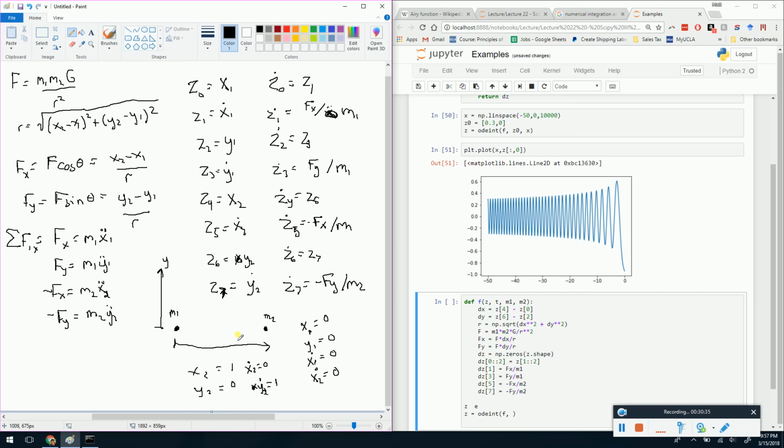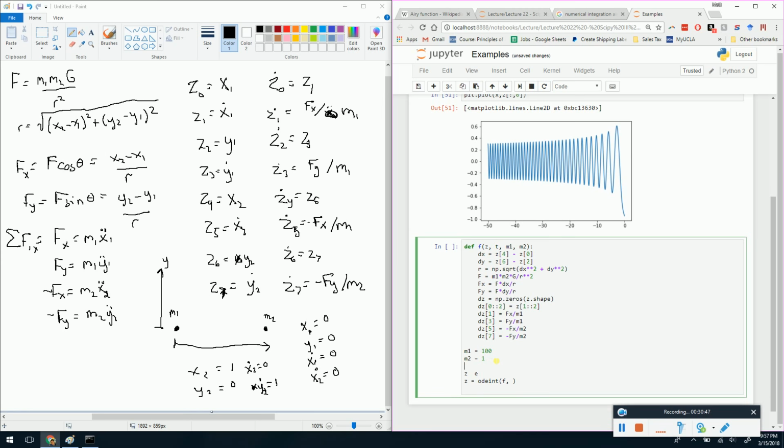Yeah, it depends on how fast it's going, whether it's going to be a circle or an ellipse. So let's say m1 is going to be 100, and m2 is going to be 1, and we could actually plug in Earth and Sun masses and things, but let's not. All right, z at time 0 is 0, 0, 0, 0, 0, 1, 0, 0, 1. And we can make that a NumPy array, but we don't have to.